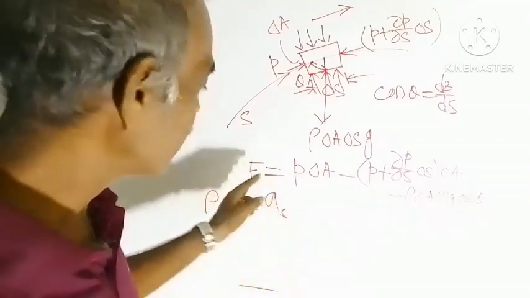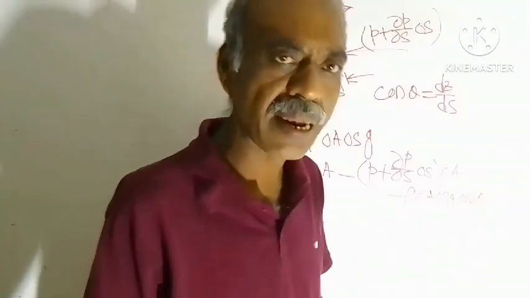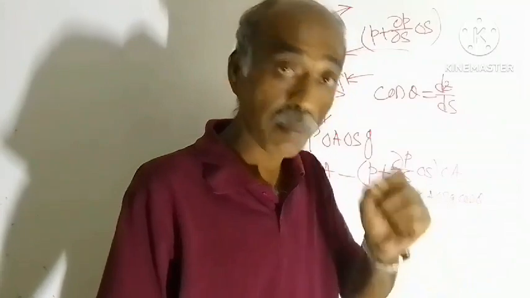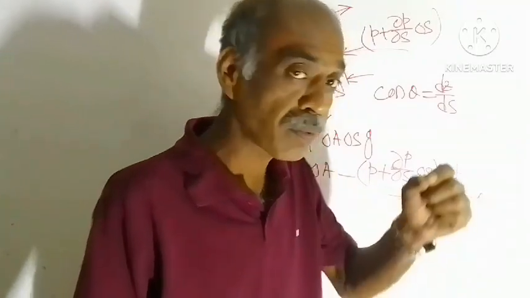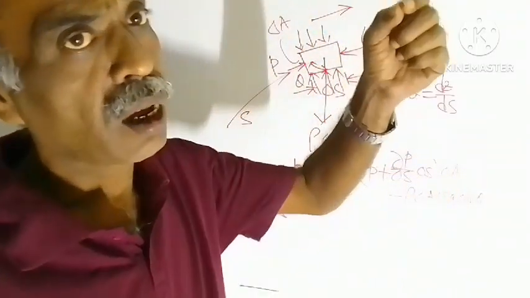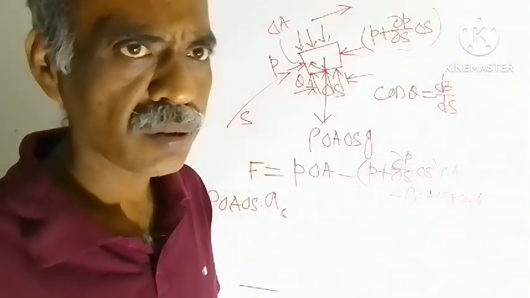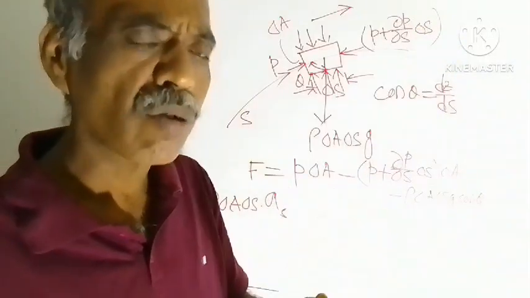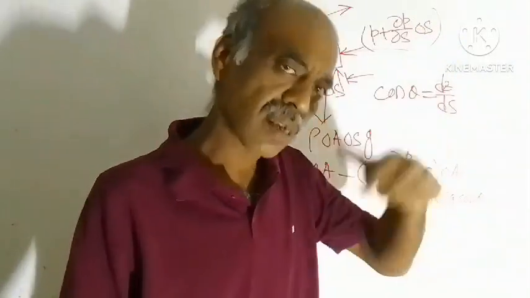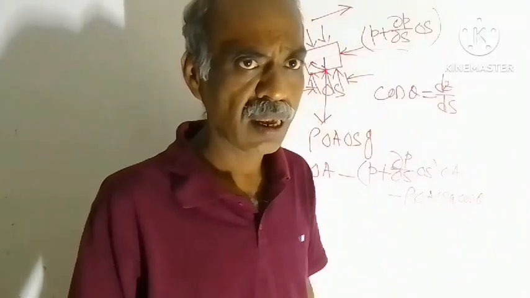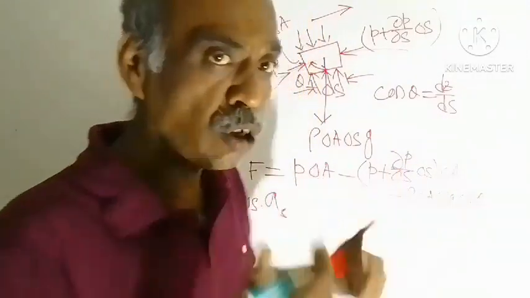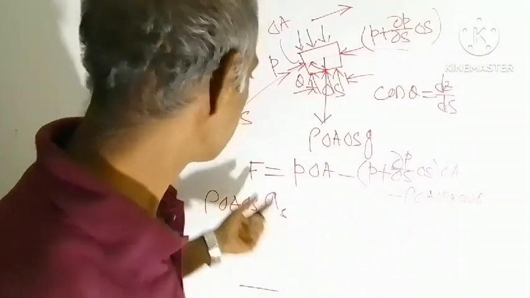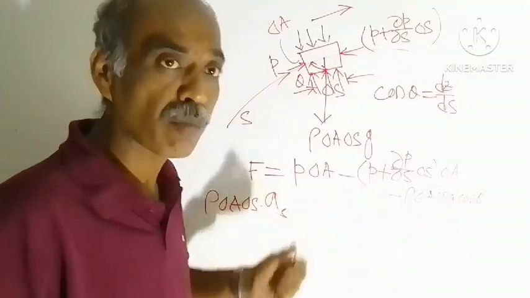So you need not write here F is equal to d/dt of mv. Directly you should write here that mass is not changing with time because we have chosen control mass system approach. If you take control volume system approach, in that case you need to write F is equal to d/dt of mv.